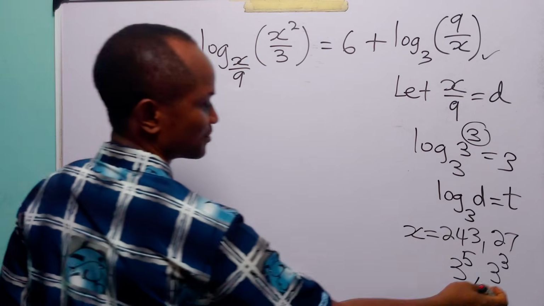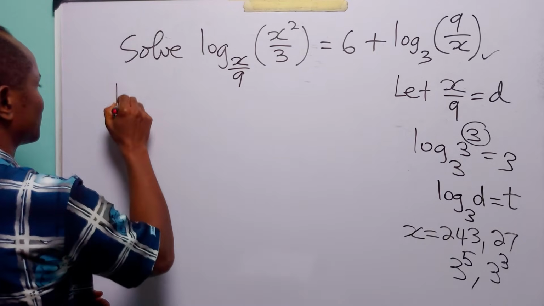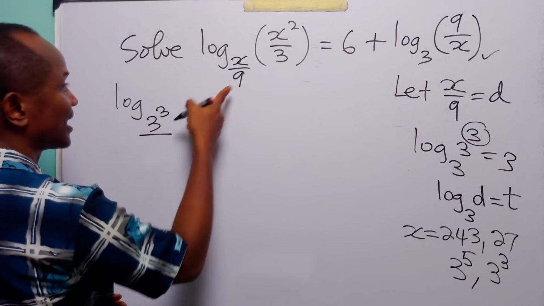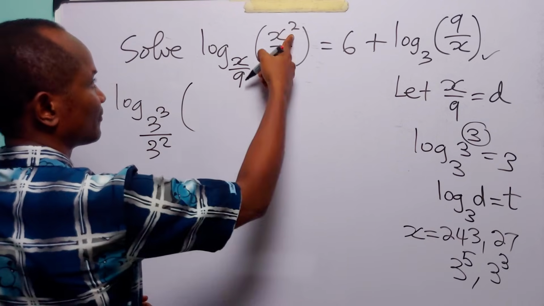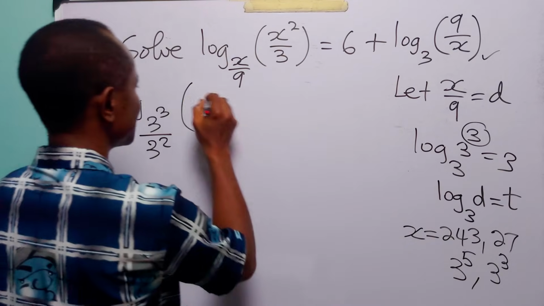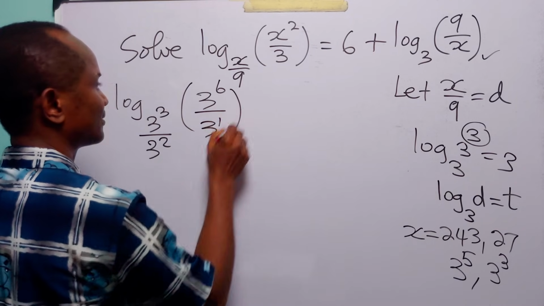And also when we substitute 3 to the power 3 into the original equation, we have log to base 3 to the power 3 divided by 3 squared of, now we have 3 to the power 2 times 3, which is 3 to the 6th power divided by 3.